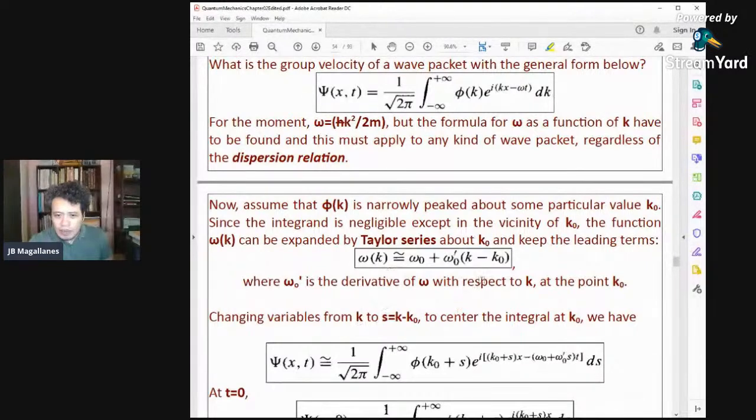With this omega written as this, we can write our omega here, and then we change variable from k to s equals k minus k sub o, so that our k here will be k sub o plus s. Your k would be k sub o plus s.